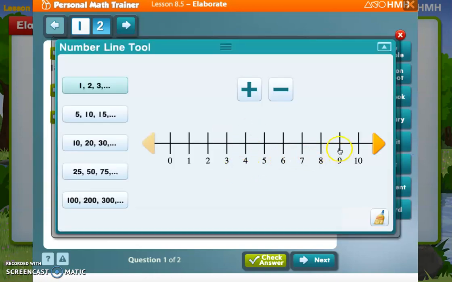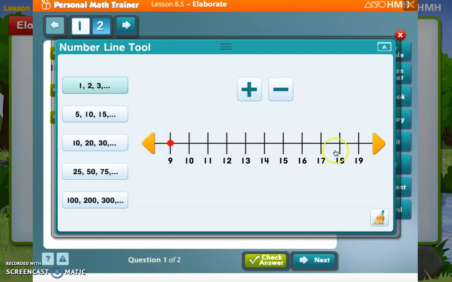So if she starts on 9, and then she adds another 9-inch string, so we can count 1, 2, 3, 4, 5, 6, 7, 8, 9. That gets us to 18.